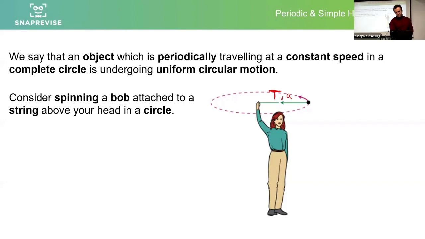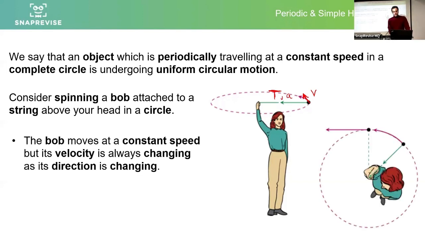Whereas this purple trajectory is where its displacement and its velocity will be pointing. At a given amount of time, its velocity will be pointing that direction. So if we're spinning a bob, whirling it around our head, hooray, great fun, it's moving at constant speed, but its velocity is always changing.